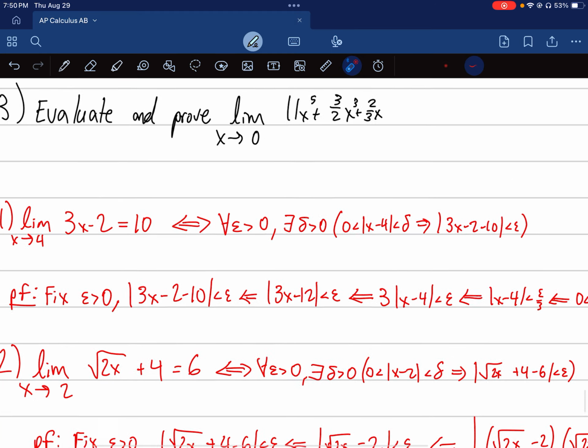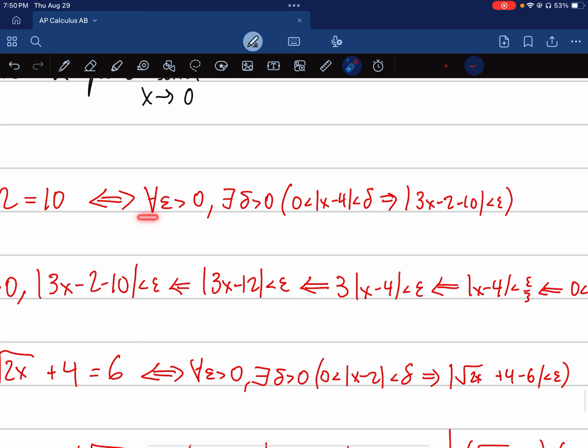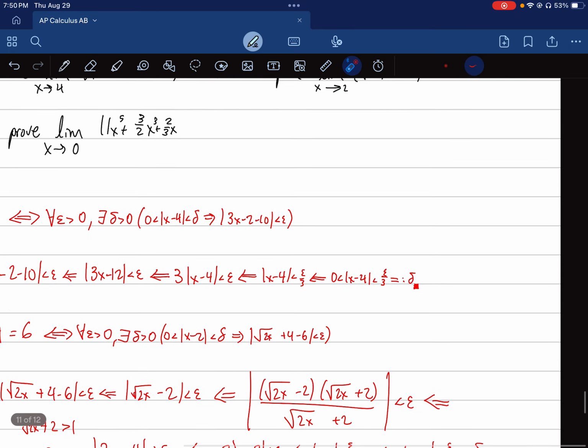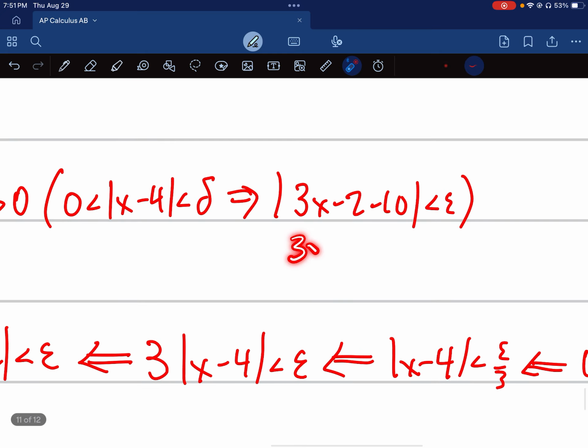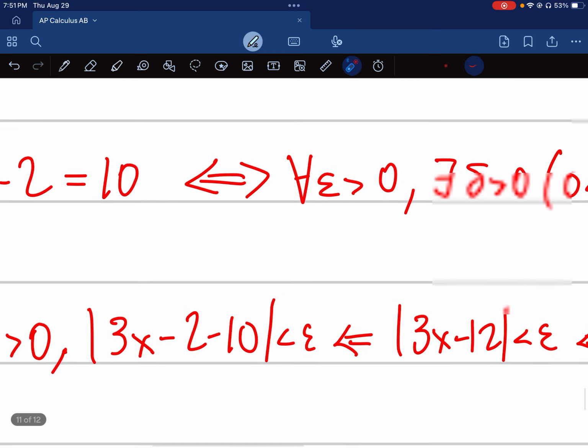If and only if, and we'll write the definition, for all epsilon greater than 0, there exists a delta greater than 0, such that 0 less than the absolute value of x minus 4, remember x naught is 4, less than delta, implies that the absolute value of 3x minus 2 minus 10 is less than epsilon, so f of x minus L. This is 3x minus 12. We'll get into that in just a second.